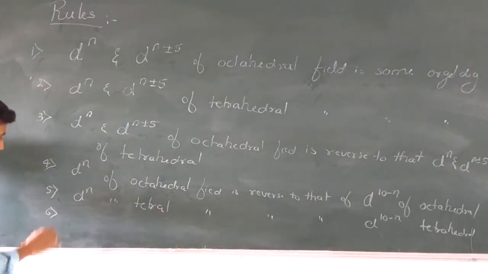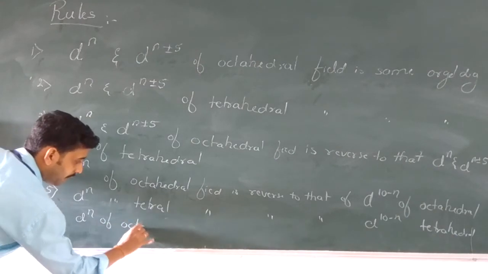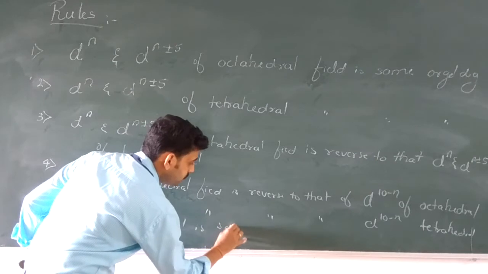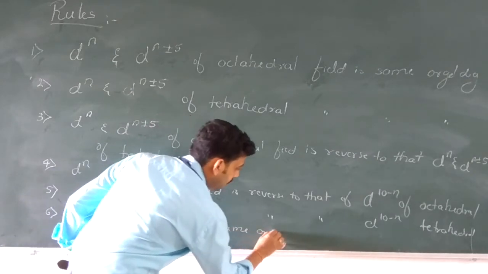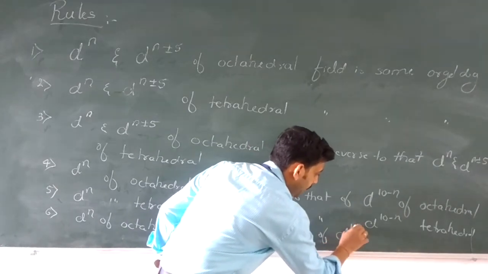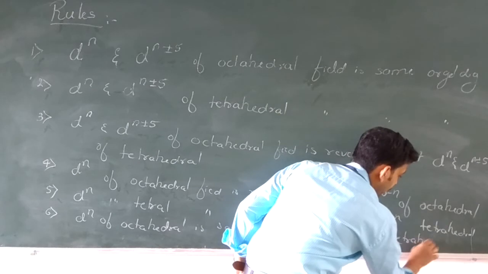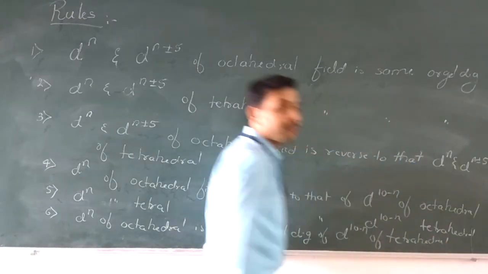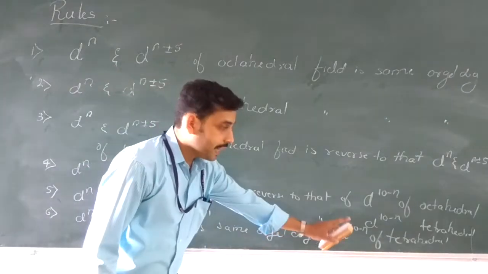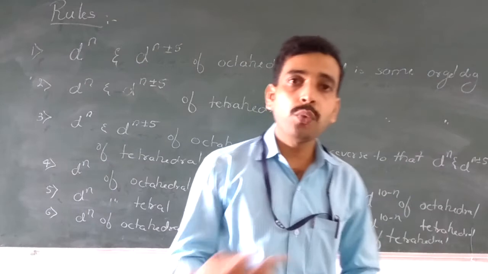And the last one: dn of octahedral has the same Orgel diagram as d(10 minus n) of tetrahedral geometry. dn and d(10 minus n) of octahedral are the reverse of tetrahedral, or vice versa.